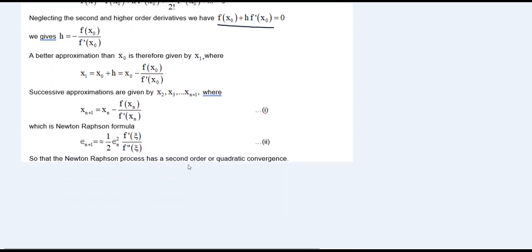Successive approximations are given by x2, x3 up to xn. xn plus 1 will be xn minus f of xn by f dash xn. So this is the Newton-Raphson formula.